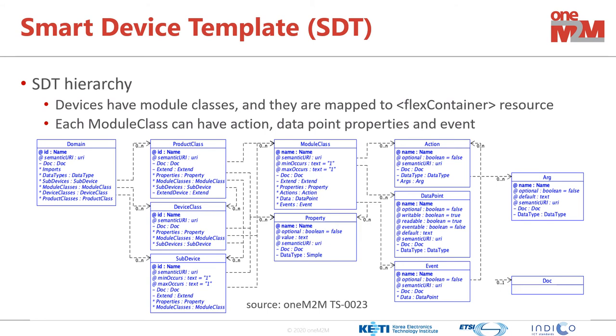We are going to map the device and the module classes into the flex container resource types. That's why we're trying the other APIs other than container and content instance in this session.